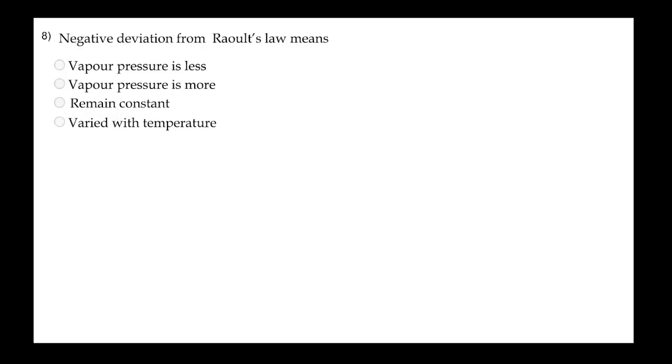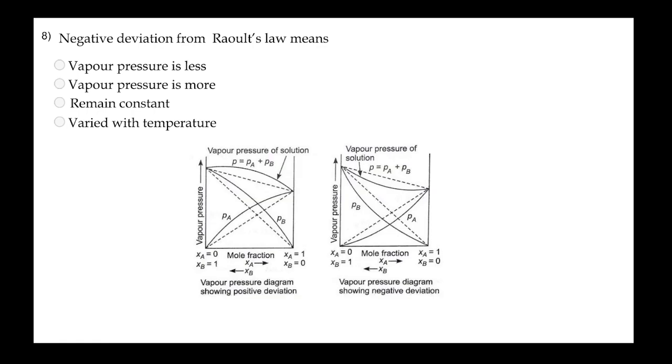Moving forward to the next question. Negative deviation from Raoult's law means dash. For that, I have mentioned that Raoult's law is suitable for an ideal mixture where you have a similar type of interaction existing between two molecules A and B as in the case of pure components.